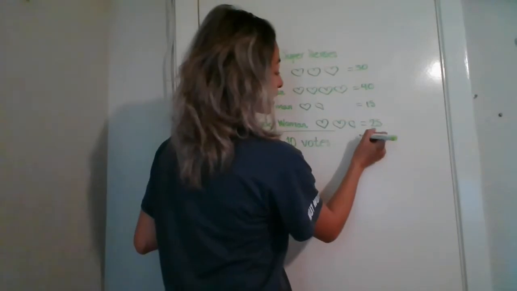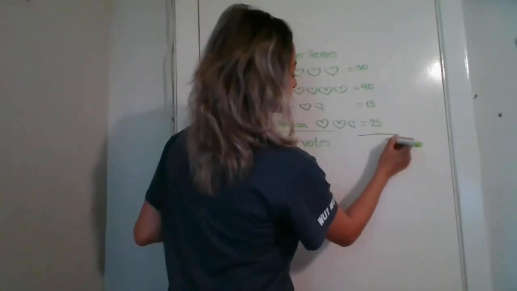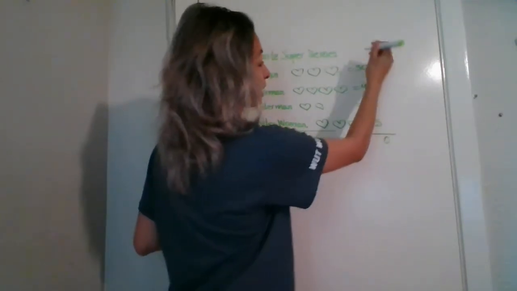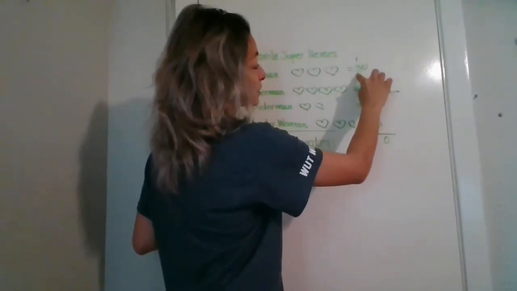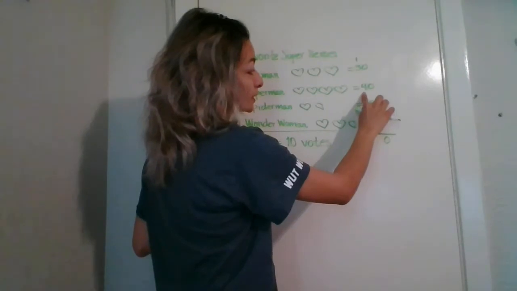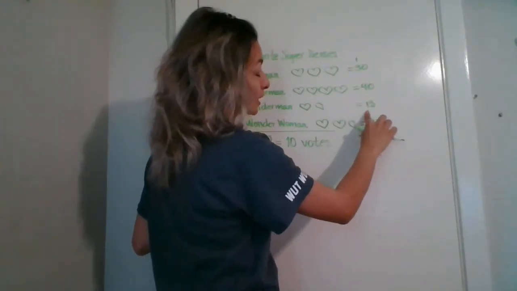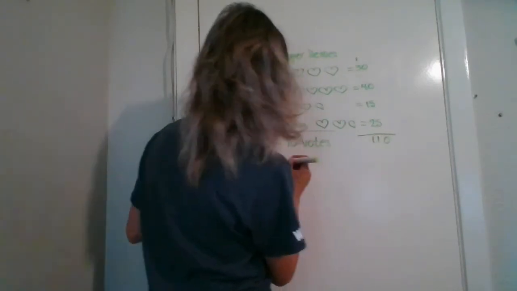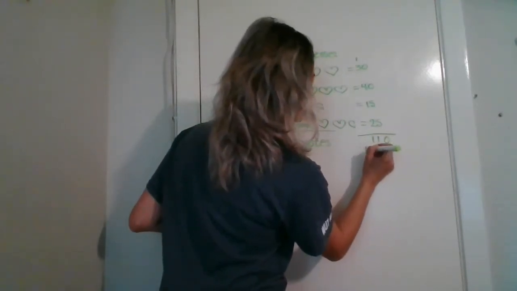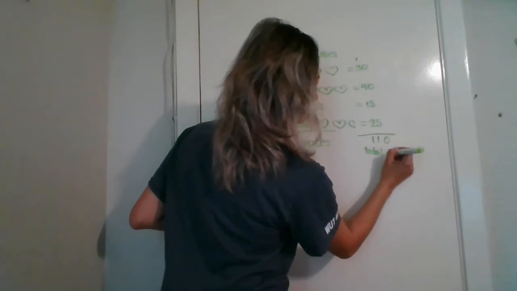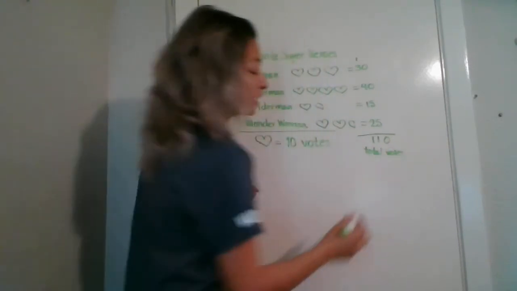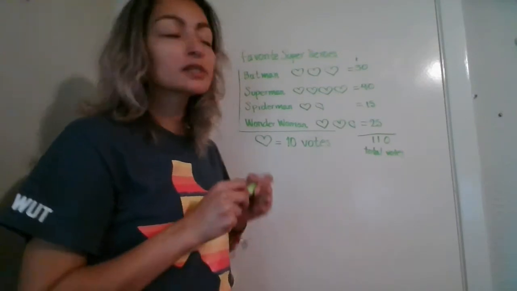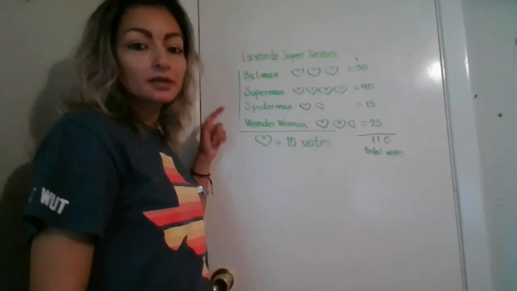So I will just add them all up. 5 plus 5 is 10, 0 and carry 1. 1 plus 3 is 4, plus 4 is 8, plus 1 is 9, plus 2 is 11. So I have a total of 110 votes, regardless of who they picked.